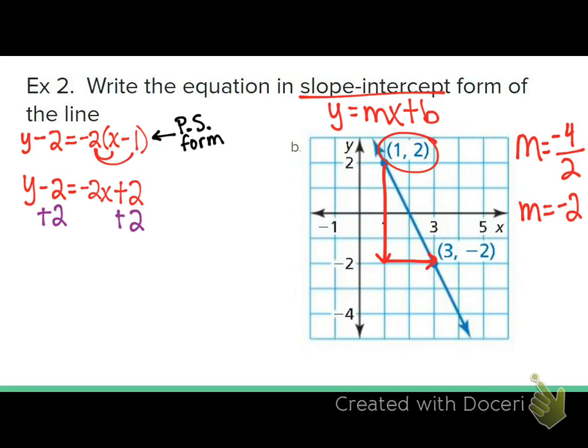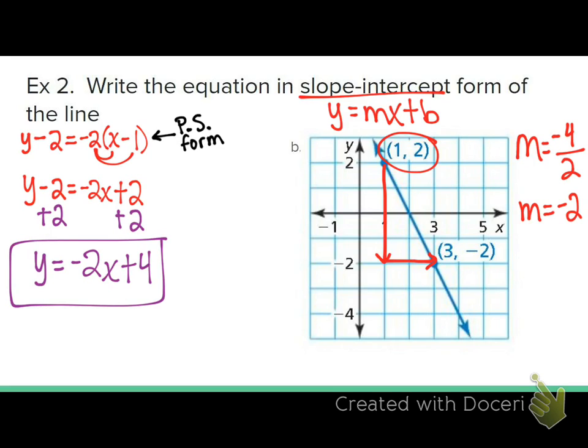All right, so we're ready to write our answer. Y equals what? Negative 2x plus 4. That would be our slope-intercept form. I'll put SI for slope-intercept.